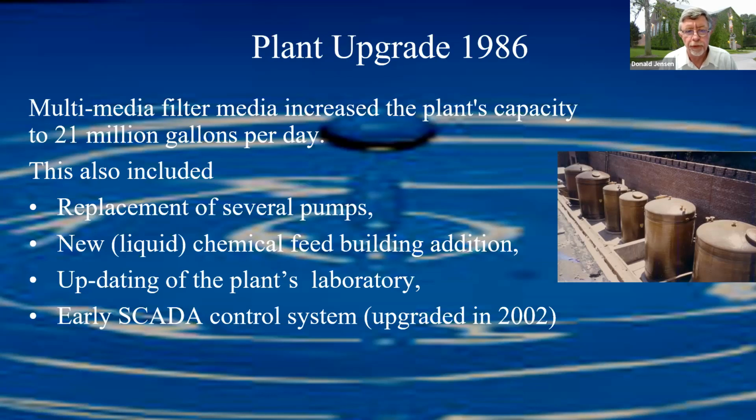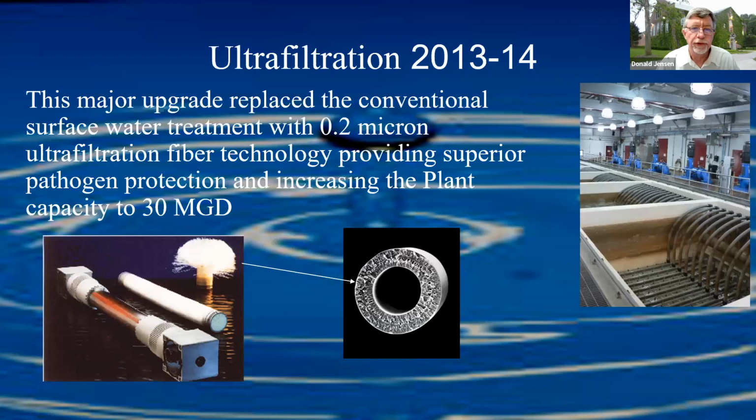We replaced a number of the pumps and converted to liquid chemical feeds at that time, and installed a very early version of a SCADA system using mini computers and two 20-inch CRT screens. We just in 2013-14 converted to ultrafiltration.